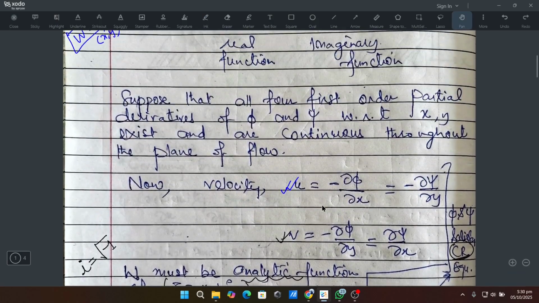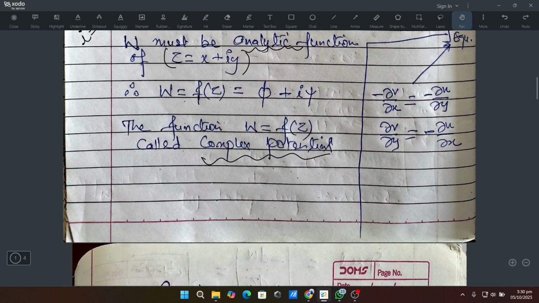Okay, so what we did so far, let me write it down: w is equal to phi plus i psi, where this phi is a potential function, and this psi is basically nothing but the stream function, right? I have already told you how to pronounce it, psi, S-H-I.